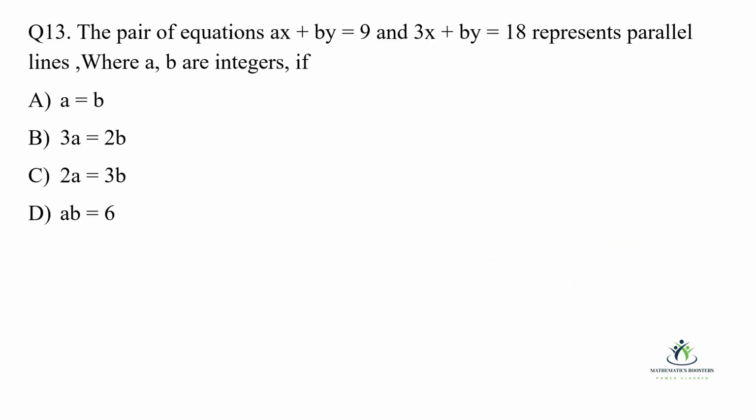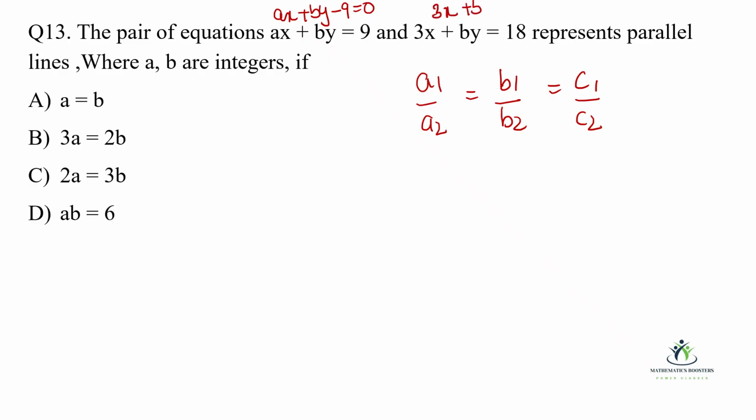No real. Next, the pair represent parallel lines. पैरेलल लाइंस का हमारा क्या फॉर्मूला होता है, a1 अपॉन a2 इज इक्वल टू b1 अपॉन b2 इज इक्वल टू c1 अपॉन c2. सो इस इक्वेशन को अगर हम स्टैंडर्ड फॉर्म में लिखेंगे, सो ax प्लस by प्लस c इज इक्वल टू 0, राइट साइड 0 होना चाहिए. नाउ रिप्लेस a1 is a, a2 is 3, b1 is b, b2 is also b.